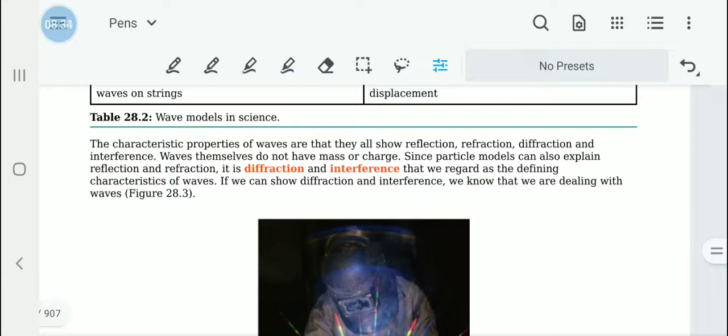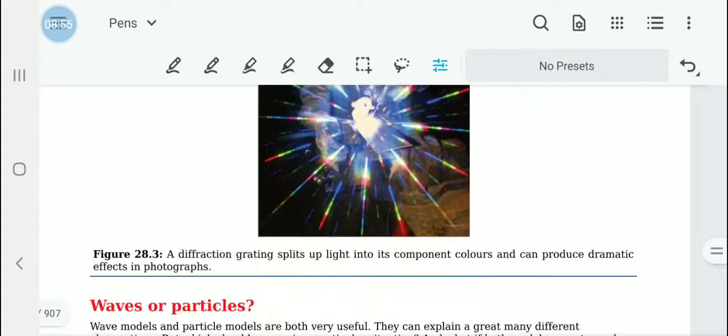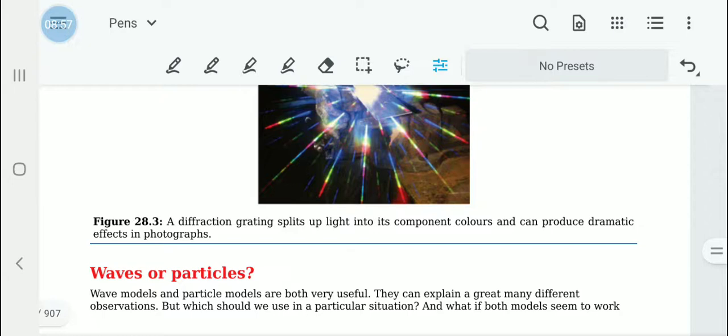When you consider diffraction and interference, we have to be concerned thoroughly about waves, because with diffraction and interference, we know that we are talking about waves. But when it comes to reflection and refraction, it might be a material or particles as well. So that is something that we have to take into consideration.